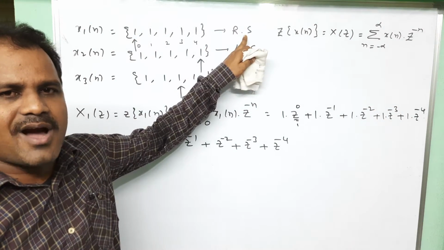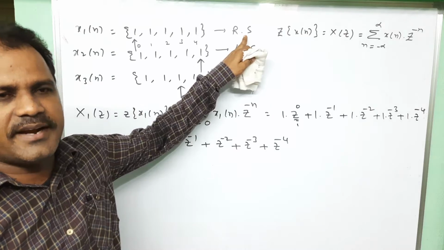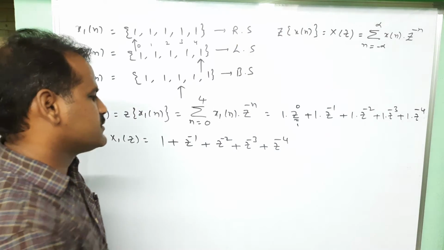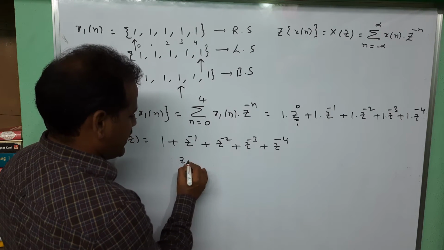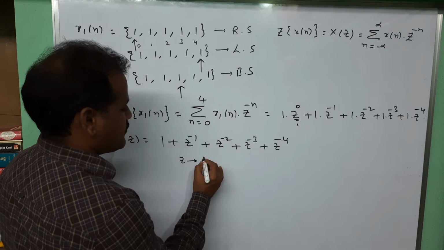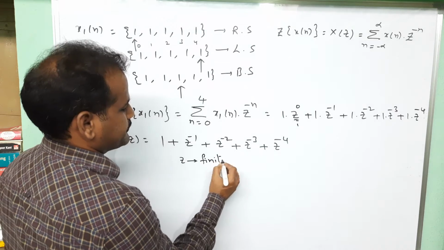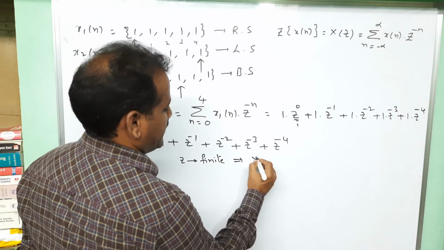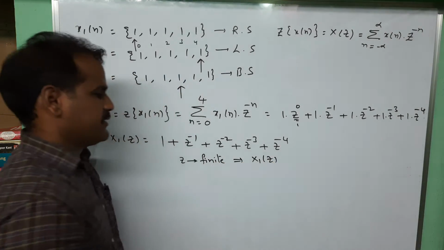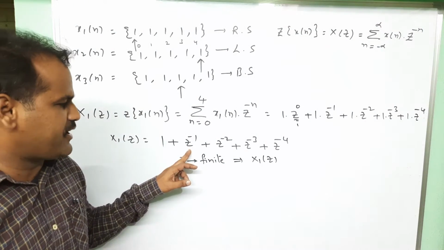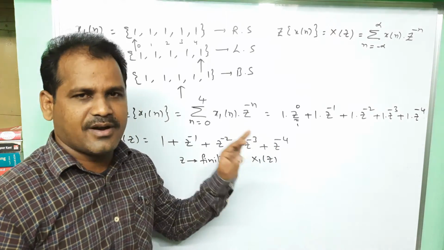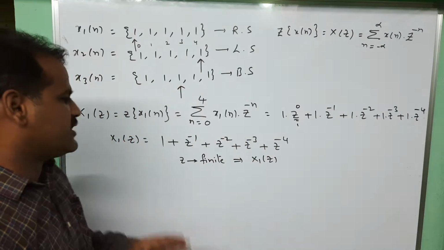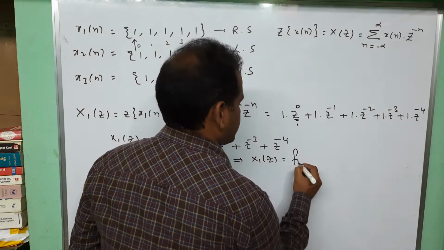Let us see what is the ROC of this signal. This is a right side sequence. If z is a finite value, then x1 of z is 1 plus finite value, finite value, finite value, finite value. All finite values means x1 of z is also a finite value.